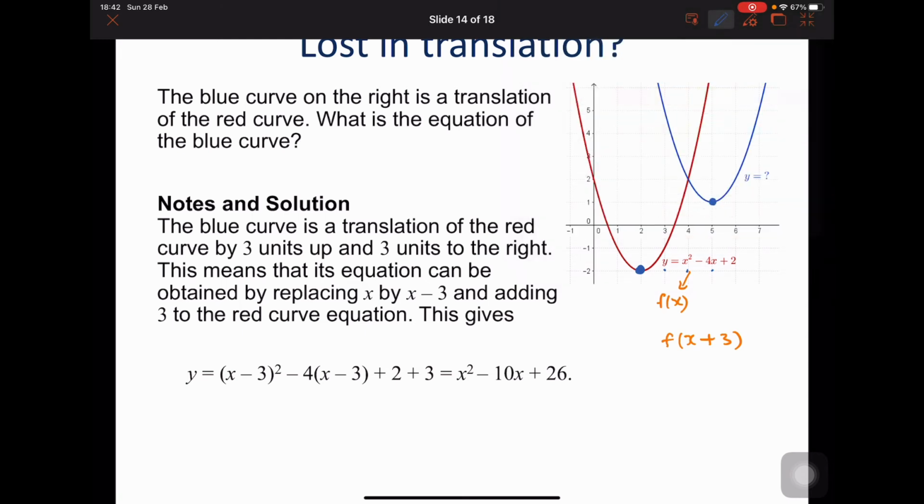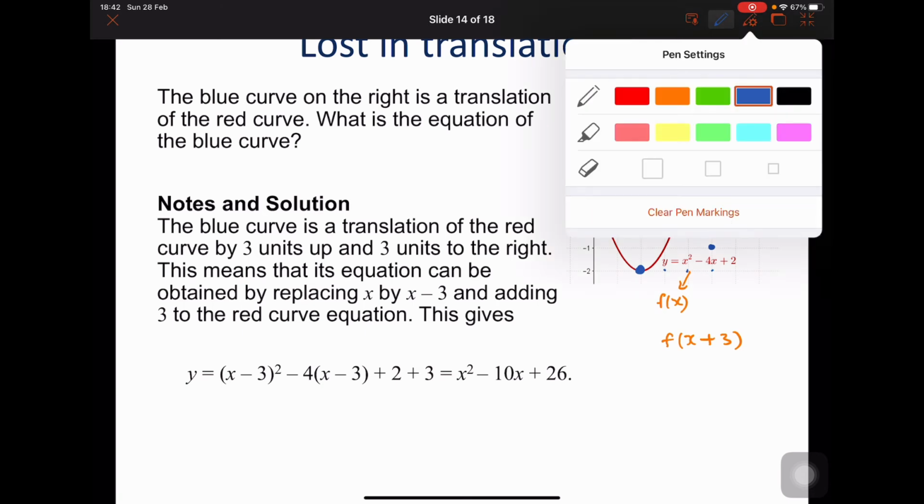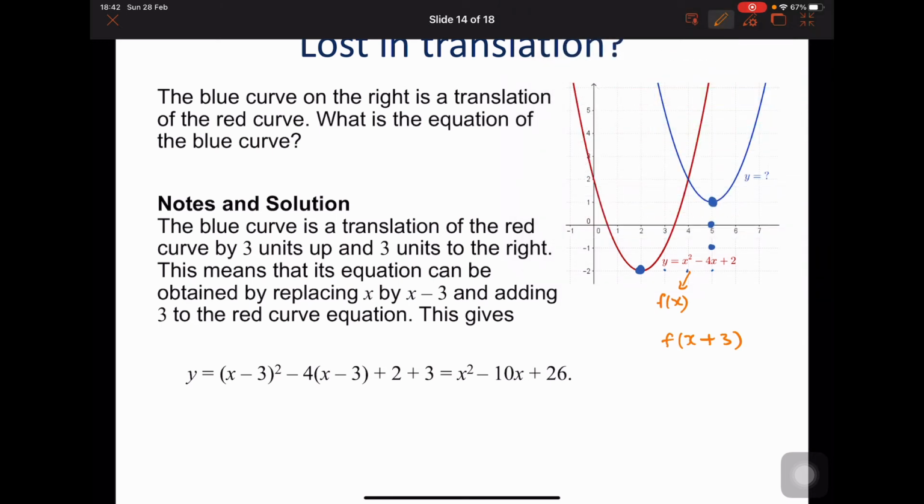And then we are moving 1, 2, 3 spots up. So f of x plus 3, then we're just going to add 3. So we use our knowledge of composite functions.